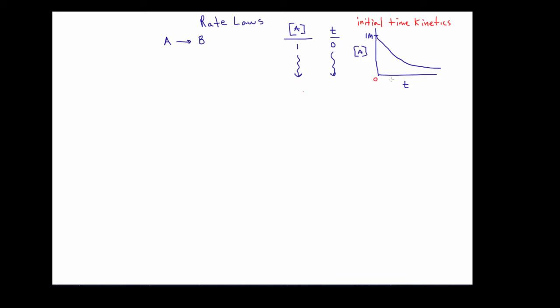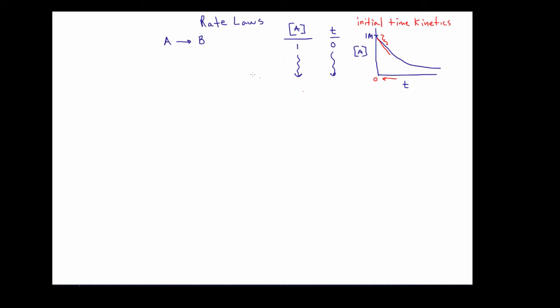So if I put 0 here, we're going to be looking at what's going on with the rate of this reaction as we approach 0, and what this means is that we will be looking at a tangent to the line, which is going to be in this region here. Again, really close to 0.